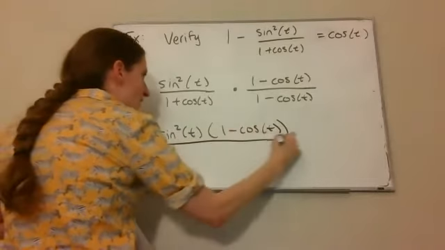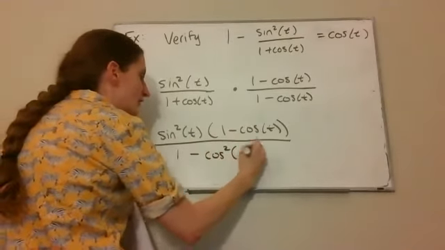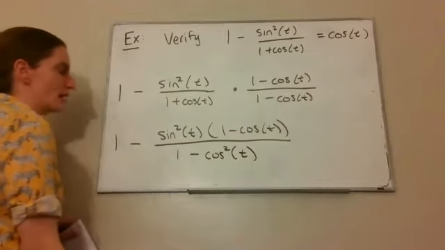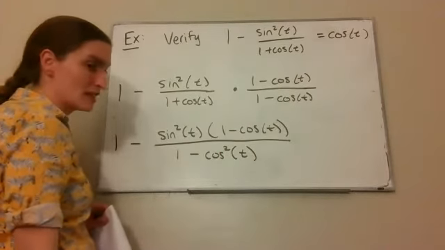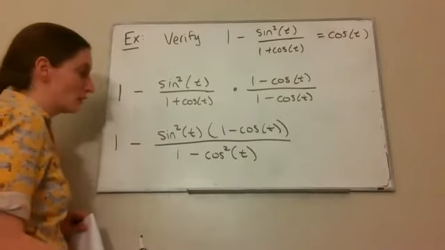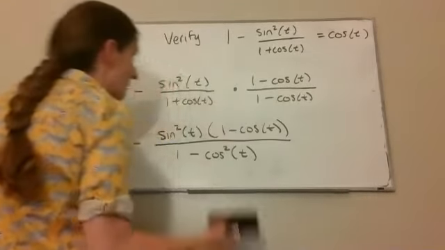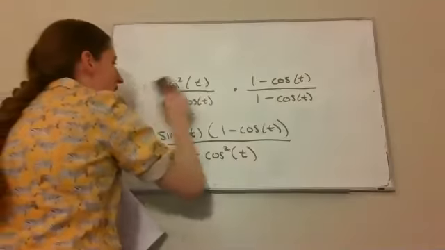And in the denominator, I would get 1 minus cosine squared t when I distribute and combine like terms. But 1 minus cosine squared of t, that's one of our Pythagorean identities again. That's equal to sine squared of t, because sine squared plus cosine squared is 1.